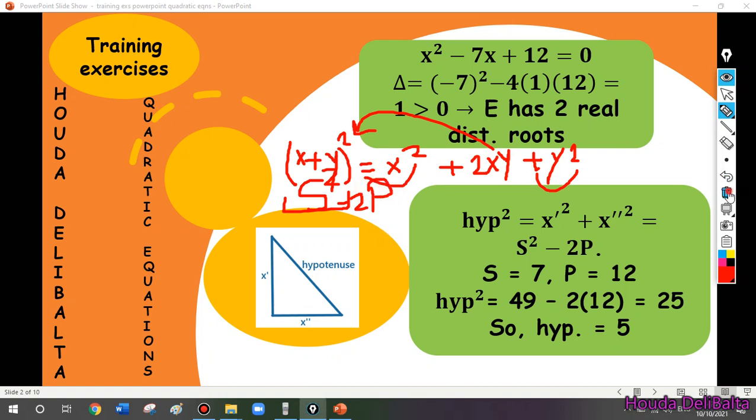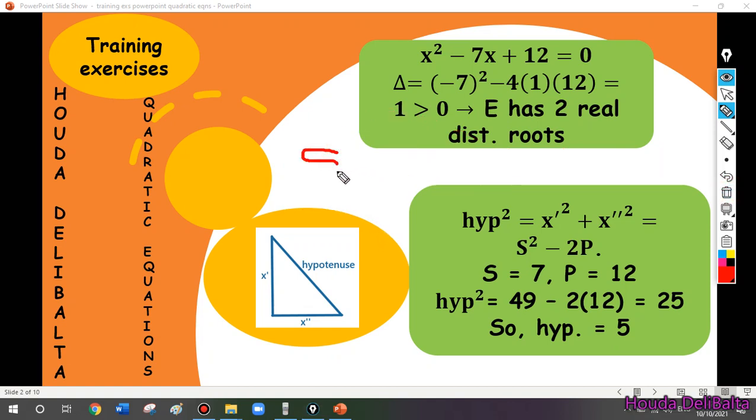Why is it s squared minus 2p? Because we have to know that s is the sum of the roots, x prime plus x double prime, and p is their product, x prime times x double prime. Thus whenever we see x prime squared plus x double prime squared, it's directly s squared minus 2p, as I just proved.